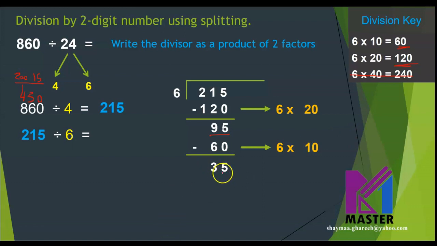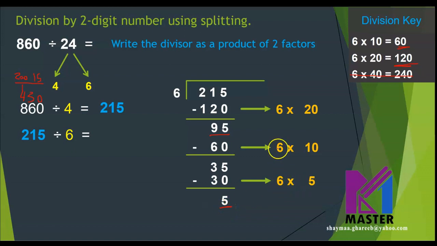How many 6s are there in the 35? What do you think? 6 times 5 is 30. So if you take 30 from the 35, it means you found 5 sixes. And what about this 5 that is our remainder?